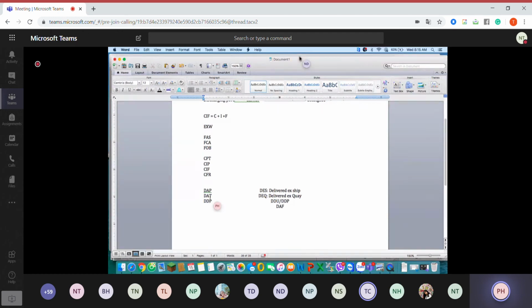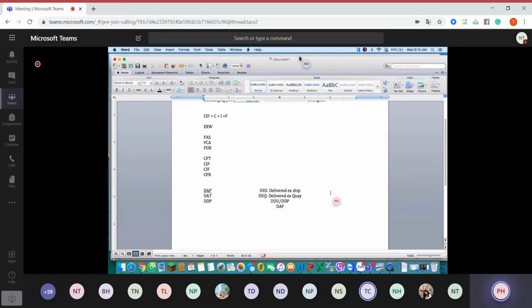However, as you can see, when I asked you the question regarding the difference between the DAP and DAT, many of you may have been confused and could not realize the main difference immediately. The problem is the names of the DAT and DAP. You cannot realize the difference in terms of unloading liability immediately.